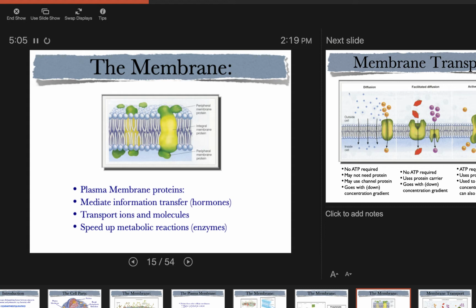Some glucose goes into the pancreas. And when the pancreas receives some of that glucose, the glucose is metabolized and forms ATP.